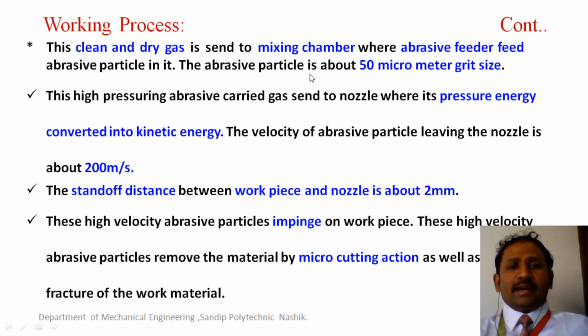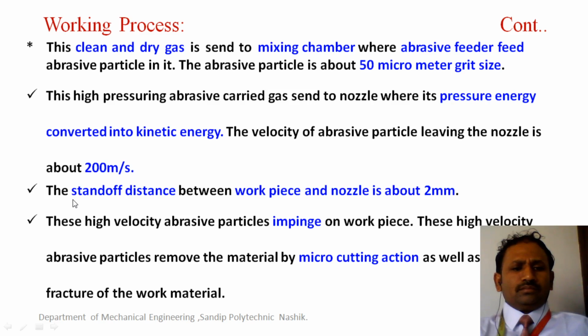The abrasive particles are about 50 micrometer grit size. Already said that the abrasive material size is very small, in the form of microns. This high pressurized abrasive carrying gas is sent to the nozzle where its pressure energy is converted into kinetic energy, that is the function of the nozzle, and that velocity should be about 200 meter per second.